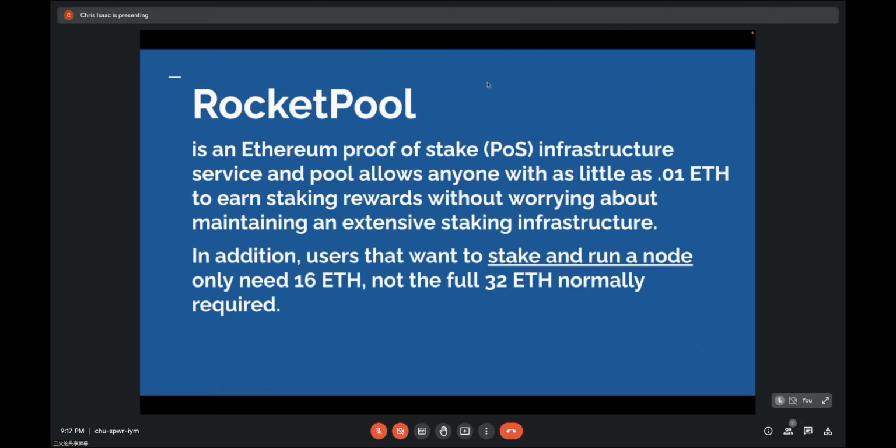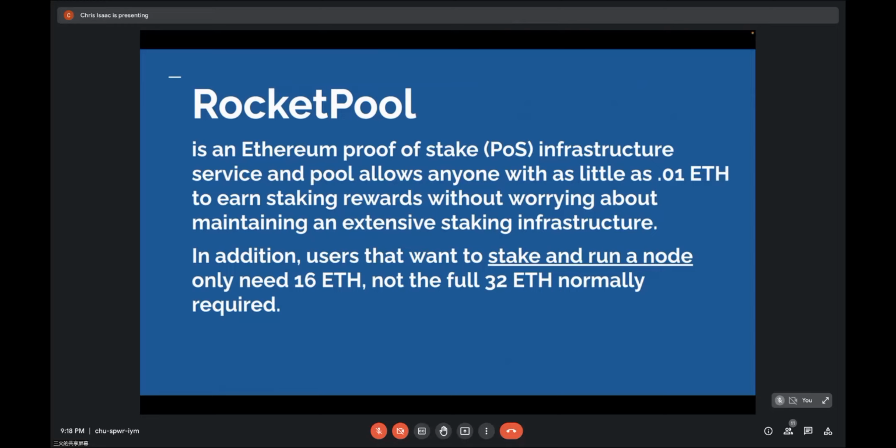All right, let's take a look at Rocket Pool, another big solution, as you guys know. Rocket Pool is, they're saying, more of an infrastructure service and pool. Anyone with as little as 0.01 ETH can stake, and doesn't need to know any tech.